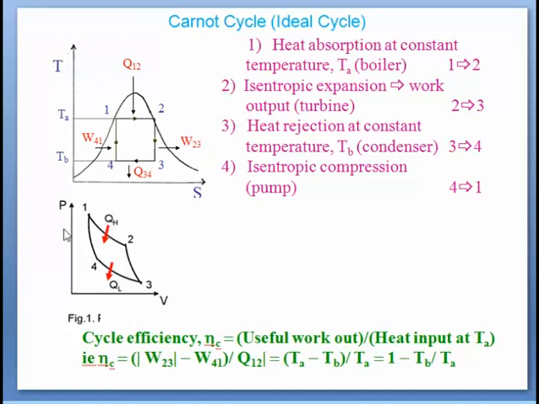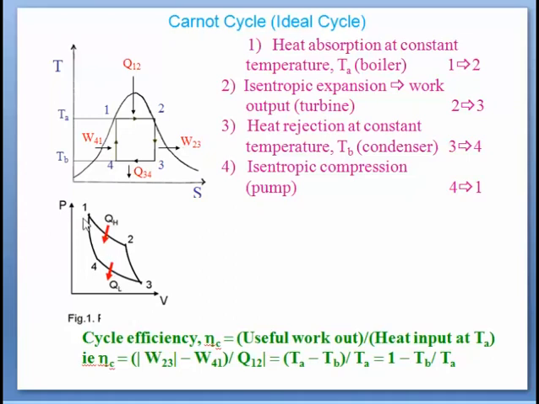We will see this cycle with reference to its application for steam thermal power plants. The Carnot cycle consists of two isothermal processes and two reversible adiabatic or isentropic processes.